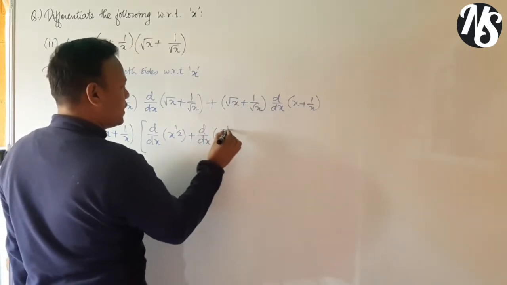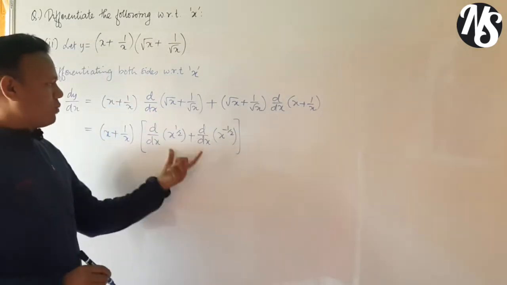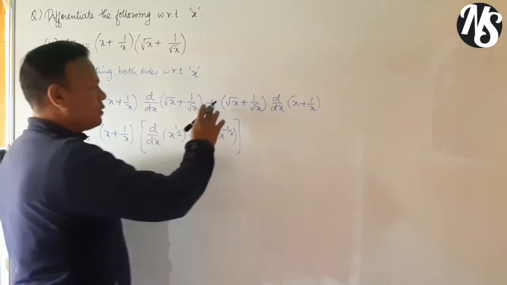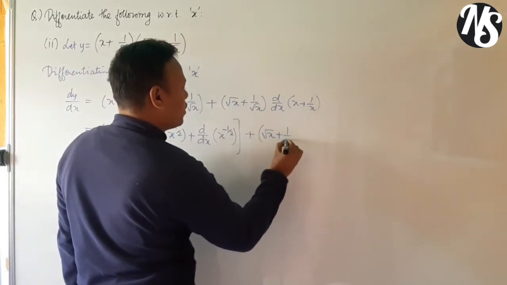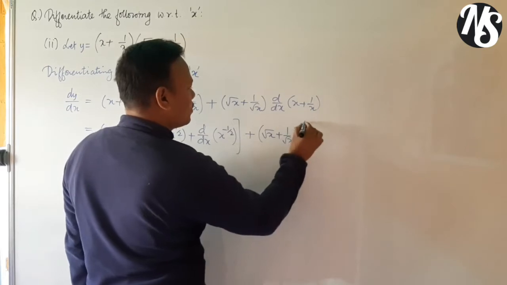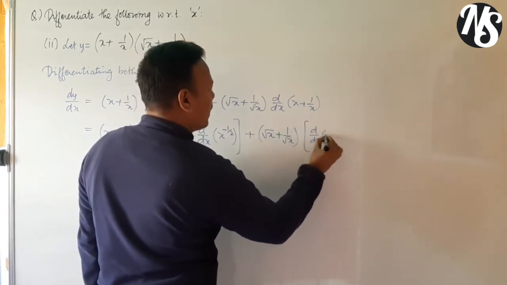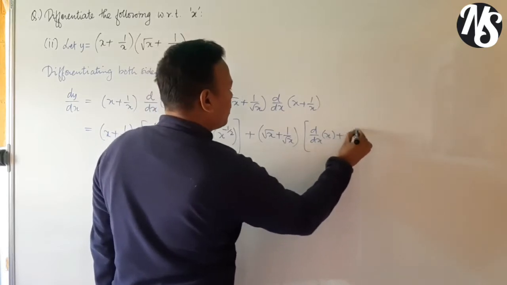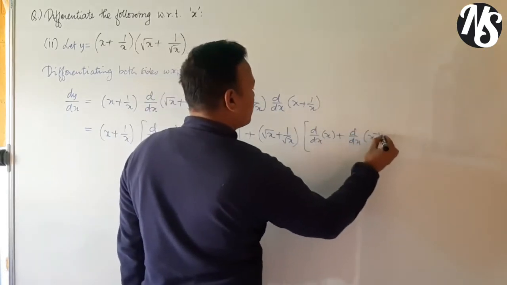It is x to the power minus half, isn't it? Yes. So this can be written this much. Similarly the same thing will be done here. So this is root x plus 1 by root x. So again d by dx of x plus d by dx of 1 by x, that is x to the power minus 1.